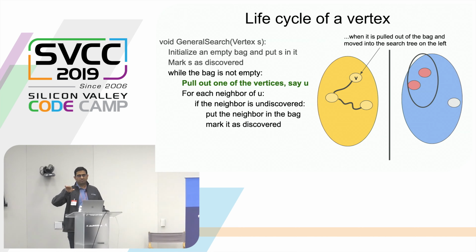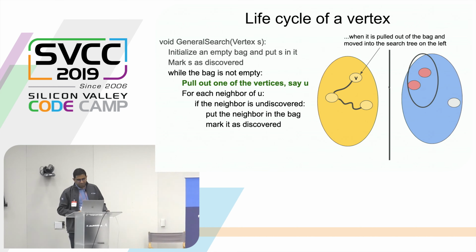So we might have to look at the adjacency list for that vertex and see which of the vertices directly linked to it are undiscovered. Finding that out takes constant time for each of those neighbors because we just have an array with discovered values initialized to false, and if the value is true, they've already been discovered previously.